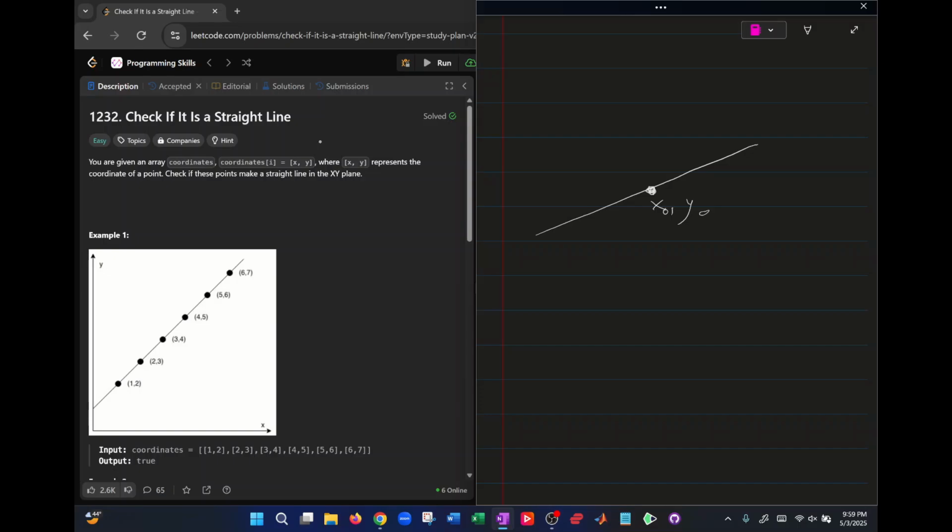Okay, so now let's think about this list of coordinates that we have and what sort of strategies we could use. We're going to want to know the slope of this line, assuming that it is a line. And you could get that by finding the slope between the first two elements of this list.